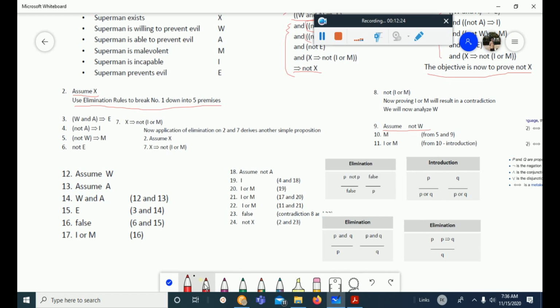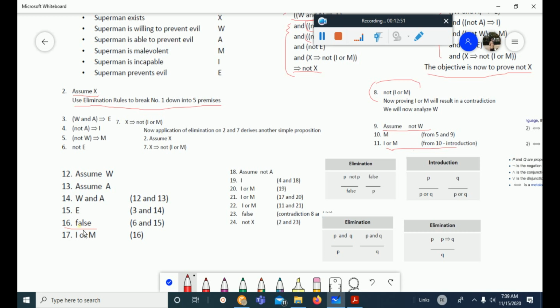If this is true, then we have one contradiction, and that contradicts number 8, which tells that not I and not M. So here again we have come to this point, false.